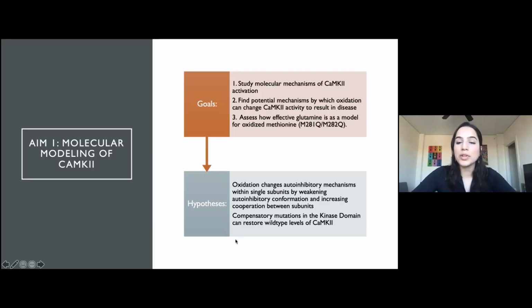And then lastly, we were thinking, well, maybe since oxidation results in hyperactivity of CaMKII, maybe we can have compensatory mutations in this kinase domain pocket, the binding pocket for the regulatory domain, that can restore the activity back down to wild type levels and maybe turn off some of those inflammatory pathways.